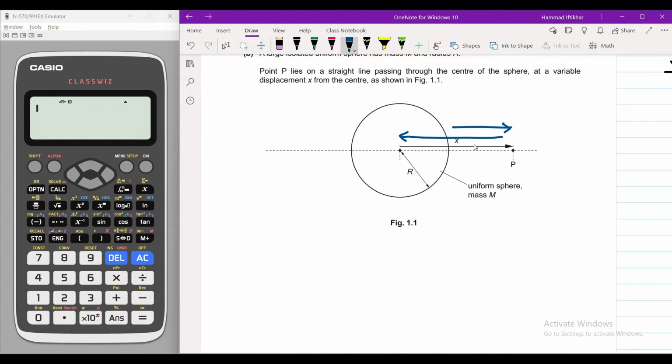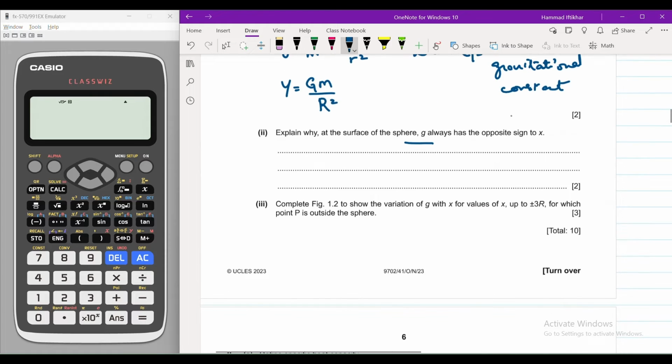That means the sign of g is opposite to x because their directions are opposite. The direction of g, the gravitational field strength, always acts towards the center of the body.